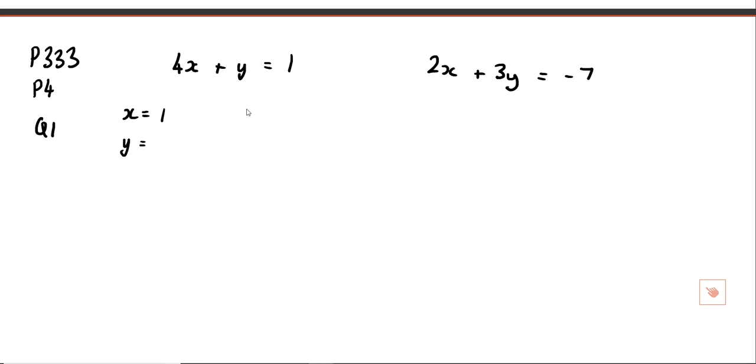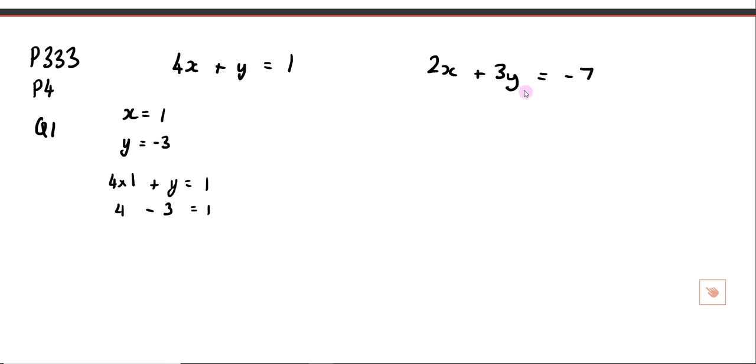Negative 3. Guys, this is stuff we've done. If I want to know the y coordinate when I ask for an x one, it's like when we were plotting the points. If x is 1, we would do 4 times 1 plus y equals 1. So 4 minus... negative 3. So y is negative 3.